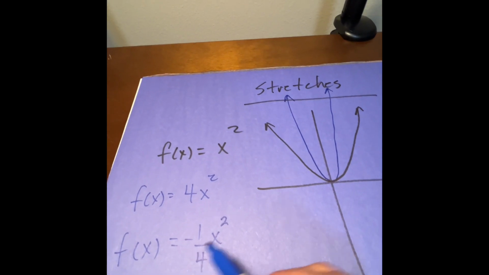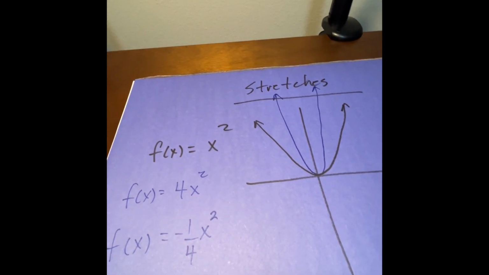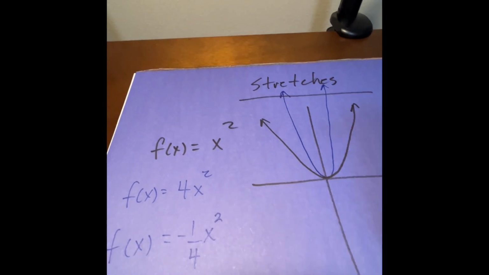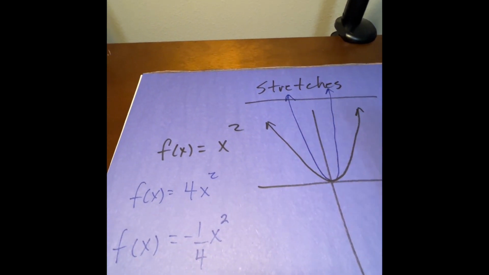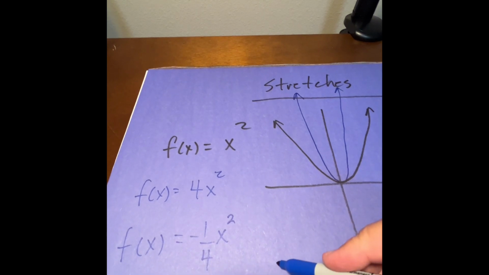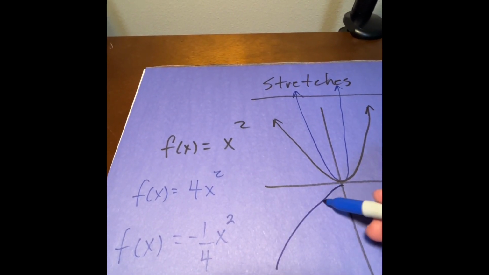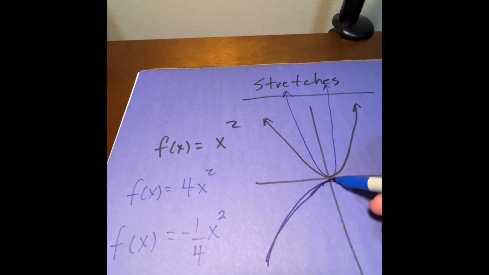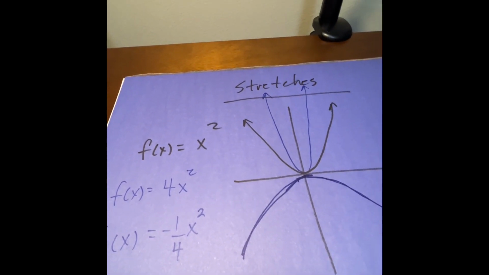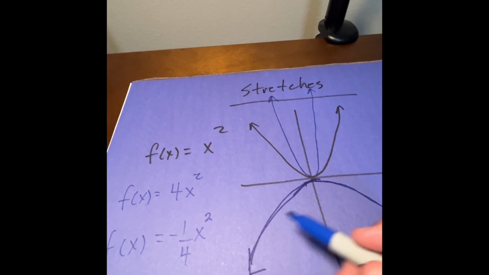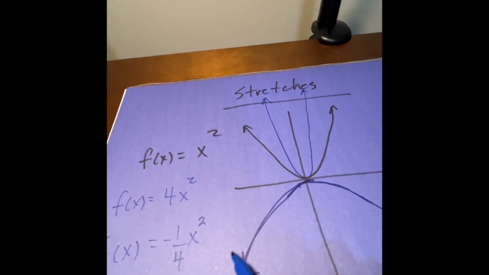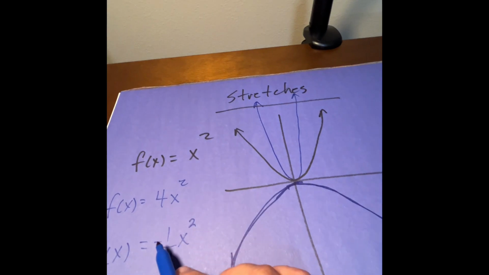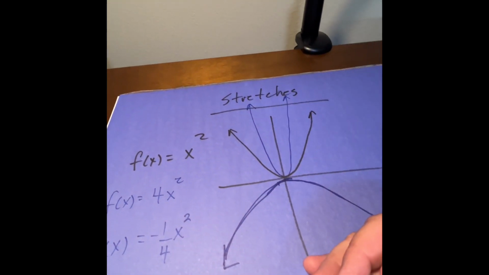Now, if you have a negative, we know it's going in the other direction, so it's a reflection, but the fact that it's a fraction between 0 and 1 means that it's going to be thicker. In other words, it's going to be like this. Now that should have hit the origin there, so I'm freehanding this. So the 1/4 means it's thicker, it's wider, and the negative means it's reflected over the x-axis.